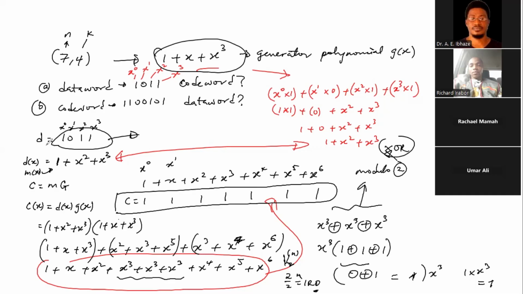Okay. Now, the next thing is to evaluate the data word given the code word. We now have to follow a similar approach, so let us see how we do that.